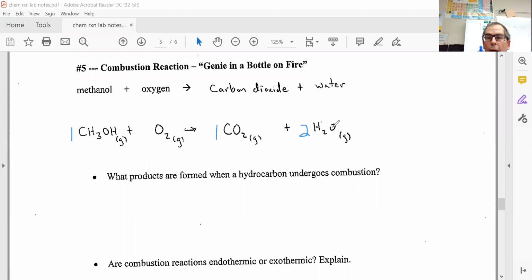Now I have 2 oxygens here and 2 more oxygens here. So I have 4 oxygens on the right side, but I've got this oxygen here, so I think it's going to be 1.5.